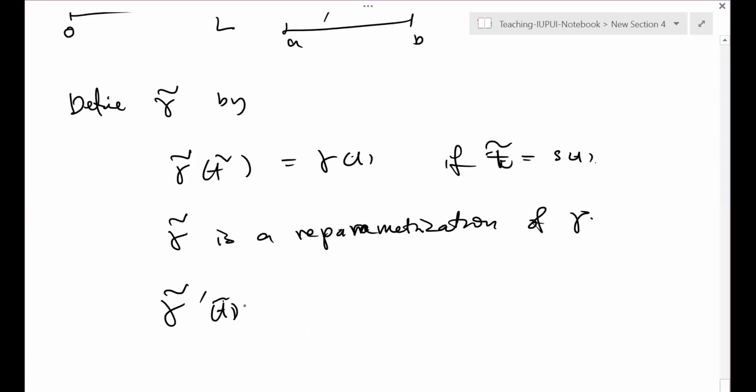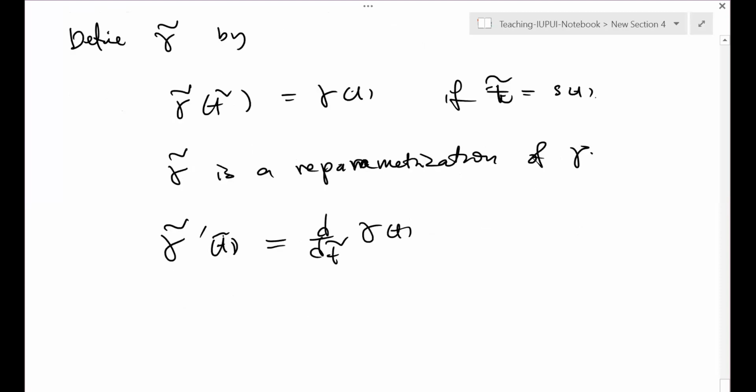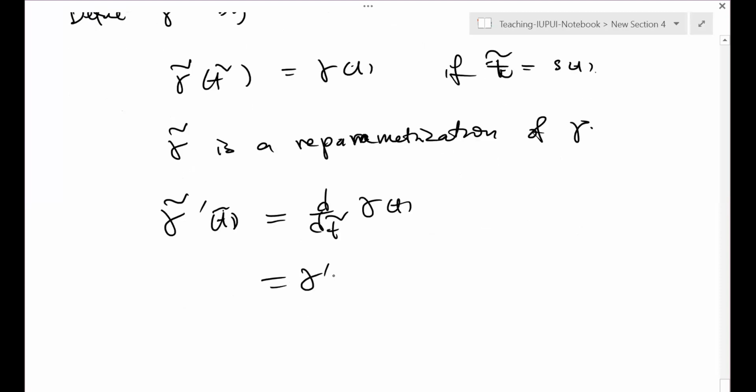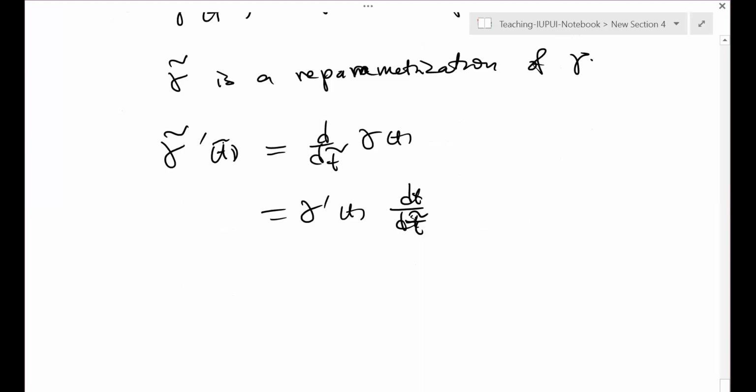When you differentiate this, you will differentiate by the chain rule.